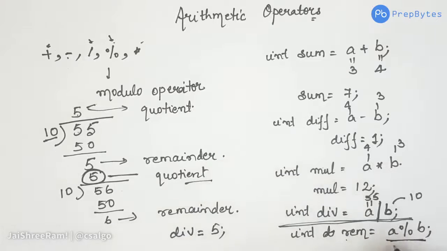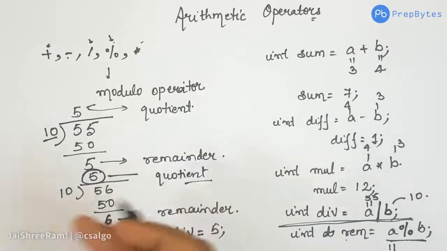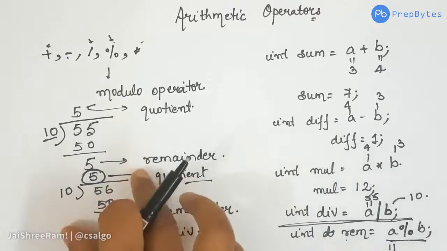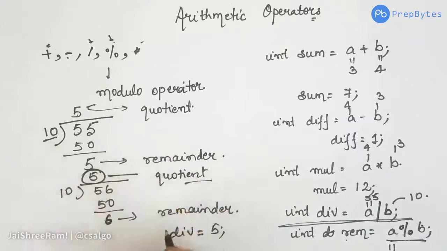Okay, now here we have a mod b. If the value of a is again 55, b is 10, and you use the modulo operator, what you get is the remainder. Make sure that you stop once you get a remainder which cannot be further divided. What students generally do is, if they have to do this manually, they will put a point here and start dividing again. So don't put a point.